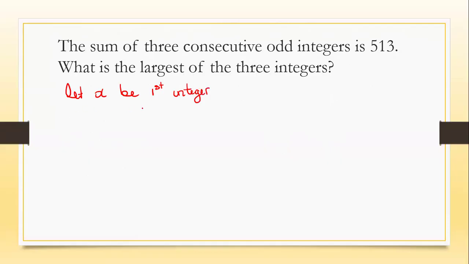So my second integer would then be x plus 2, because I'm going to skip 1. And my third one would be x plus 4.